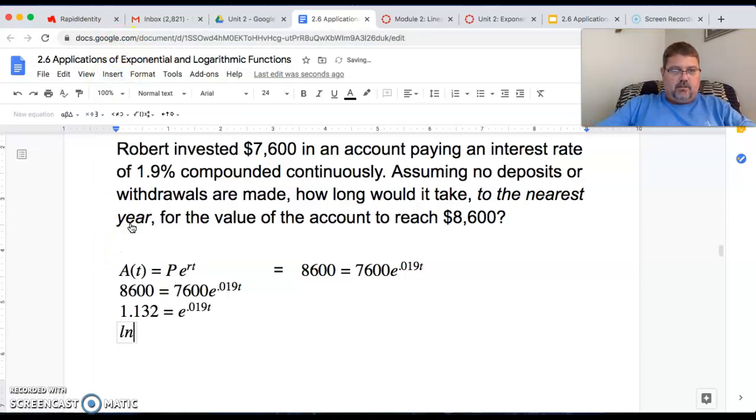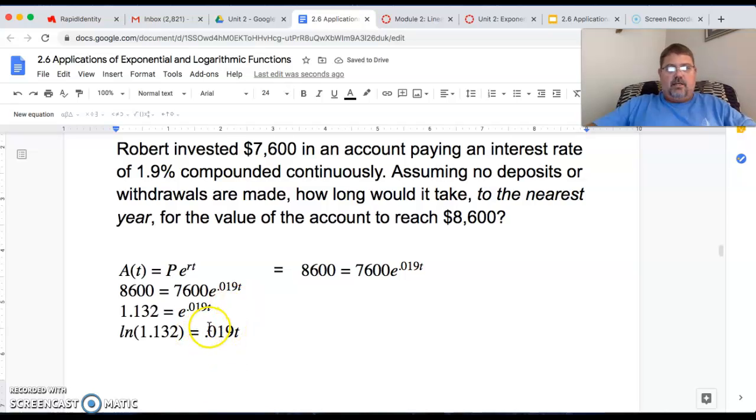The natural log of 1.132 is equal to 0.019t. That's nice, huh? So now the last step is to divide the natural log by 0.019. And that will give us our answer.